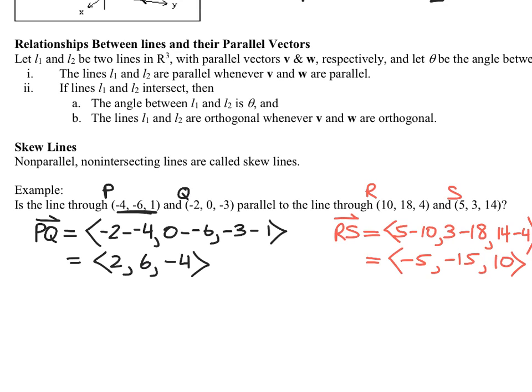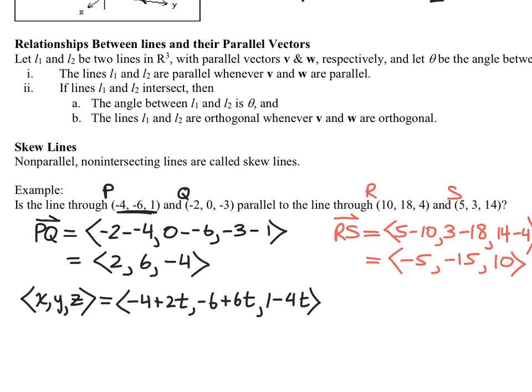So x, y, z would be equal to -4 plus 2t, -6 plus 6t, and 1 minus 4t. All right, so that would be the equation of the line passing through those 2 points.